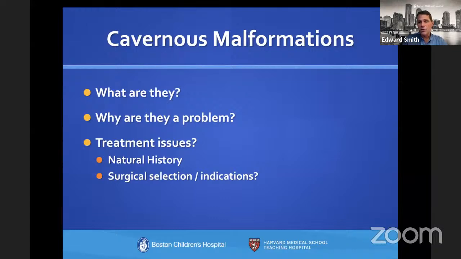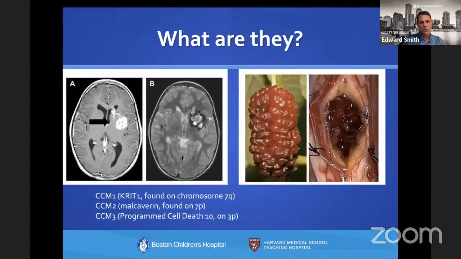And then for those of us specifically in the surgical world with treatment issues, I think we have to understand as best we can the natural history, so that can inform intelligently who gets picked for surgery and what those indications might be. So I'm going to try to do the best I can to summarize the knowledge for that before jumping into the science world a little bit.